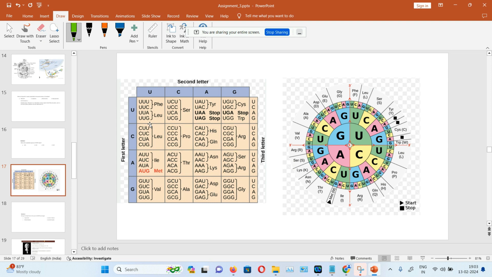So corresponding to different requirements, there will be different changes in the codon, but your start codon will always be the methionine codon, AUG or ATG.